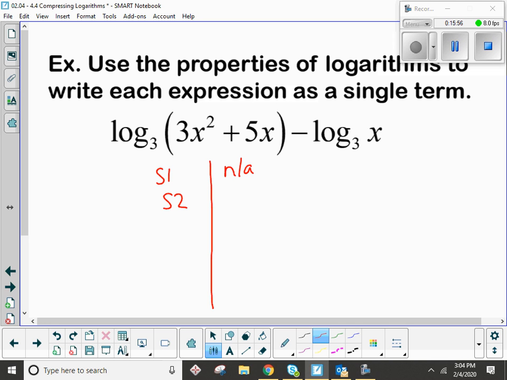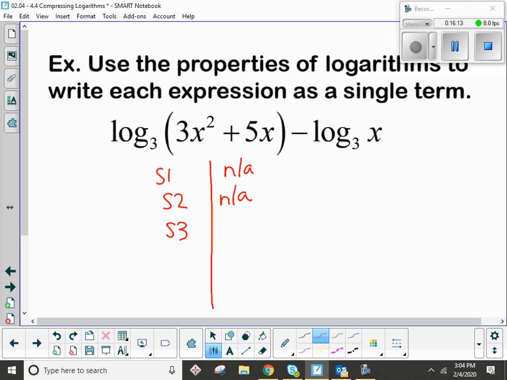Step 2 is for when the logs are being added. Is that what we have here? No. Step 3 is for if the logs are being subtracted. Is that what we have here? Yes.